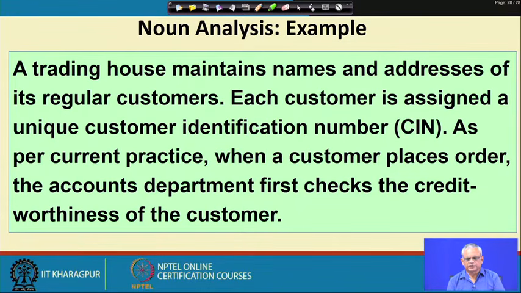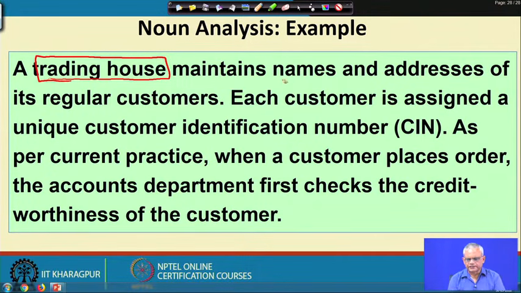But now, for this simple example, let us do noun analysis, and this is the example for which we had done the use case diagram. Now, let us do the noun analysis for this part of the problem description. The first is to identify all nouns. So, we identify trading house is a noun.